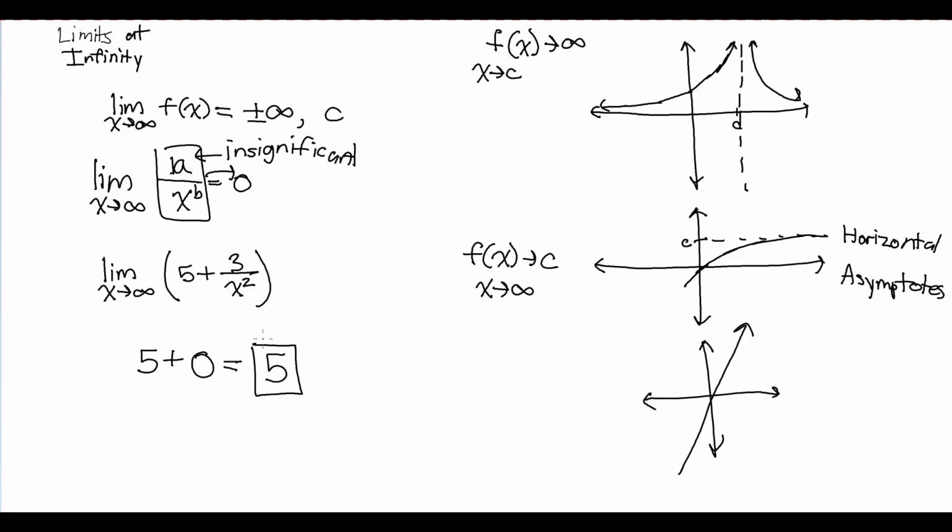However, there are limits that are not as simple as these. Usually limits are not as simple as these. Okay, so let's start another one. Let's find the limit as x approaches infinity of 3x squared plus 4x divided by 2x minus 5.